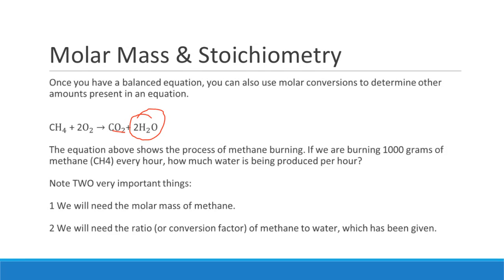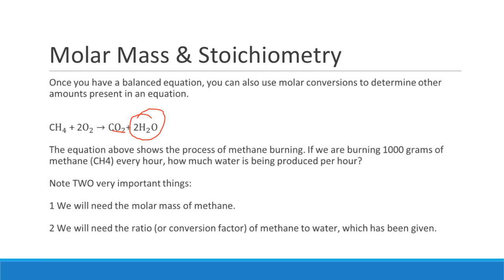To do that, we need two very important things, right? We need the molar mass of methane. We've talked about molar mass. That's simply going to be taking the atomic mass of carbon and 4 hydrogens, adding them together. And then we need the ratio or conversion factor of methane to water. So that's been given, and that's the important part of the balanced equation.